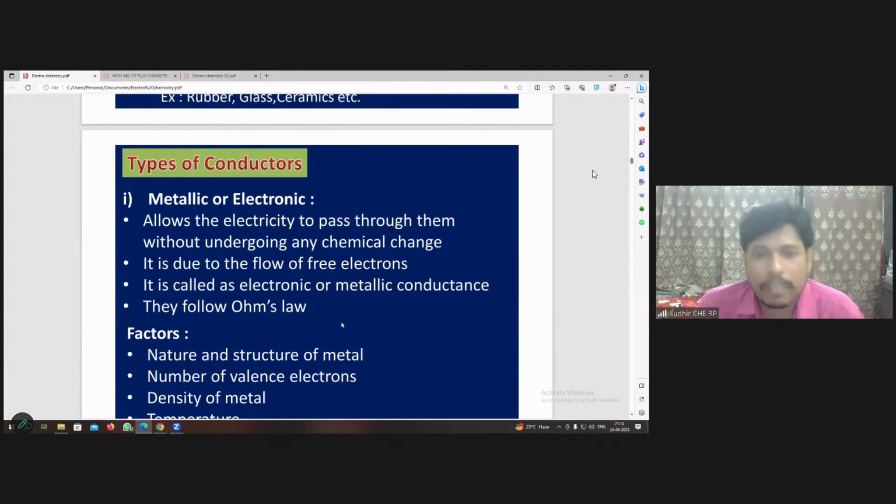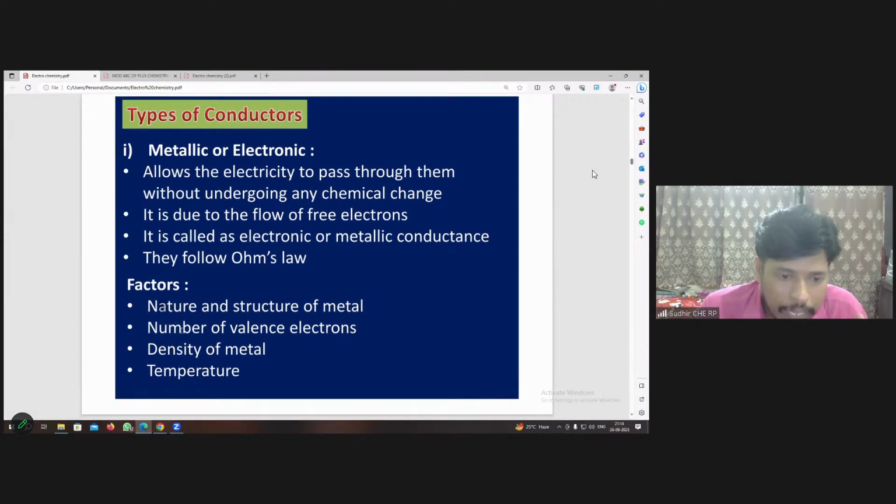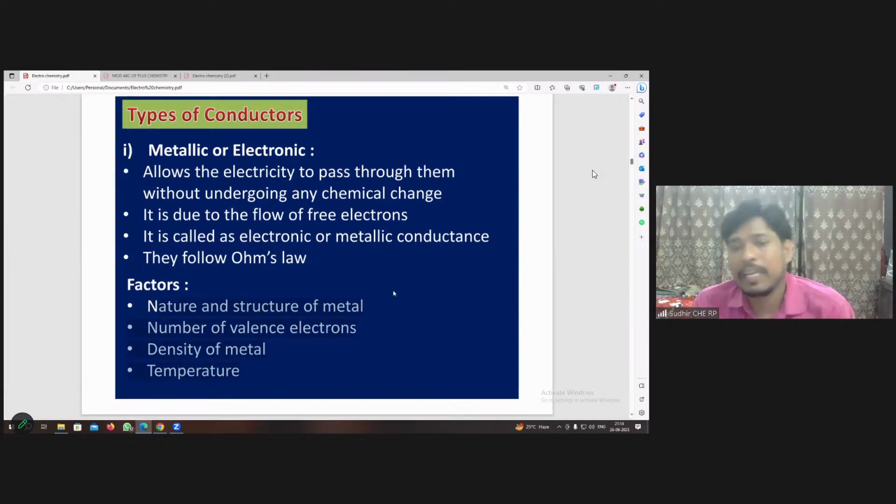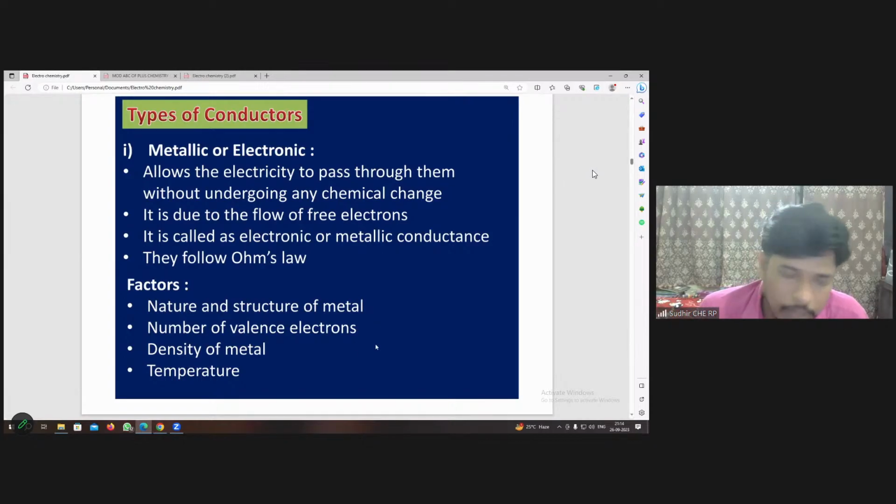I told you the reason. And how conduction is possible, I have shown you in the video and the total arrangement of the sample. In tomorrow's class, I will explain what kind of factors can affect the metallic or electronic conductors. Then I will ask you some important questions for the model. That's it. If you have any queries, you can ask me. Otherwise, we can close the session.